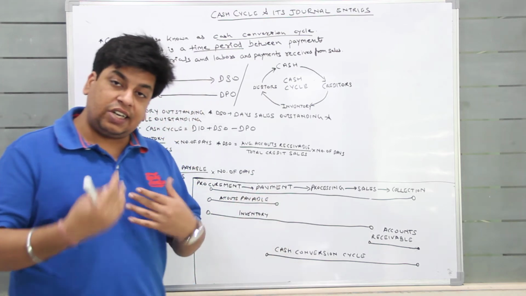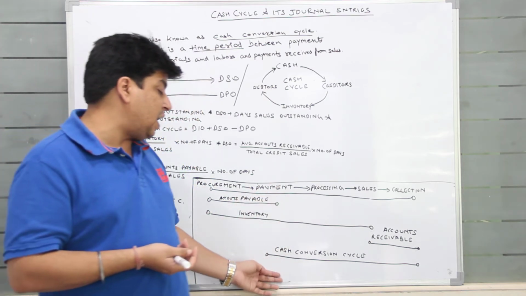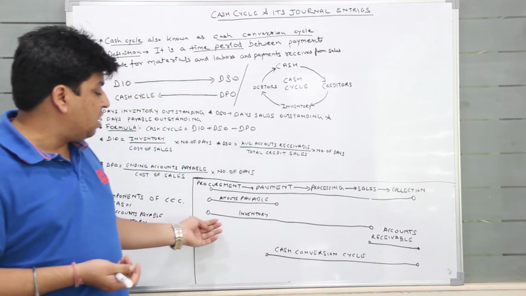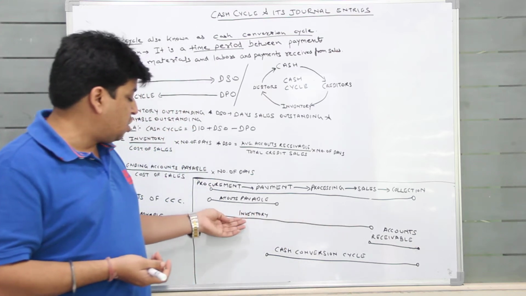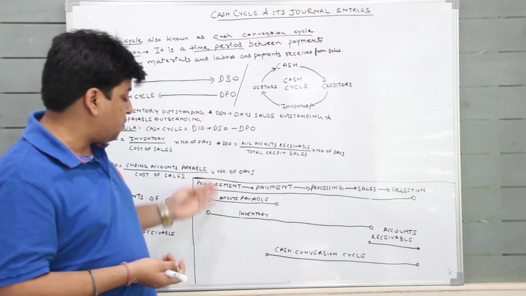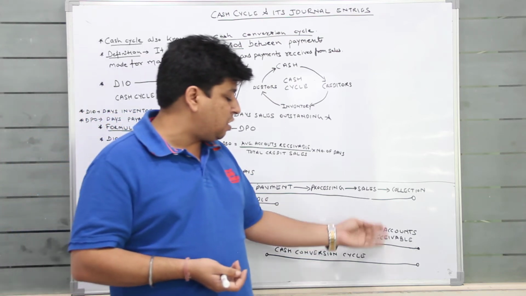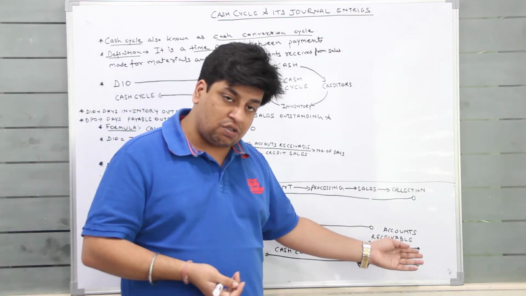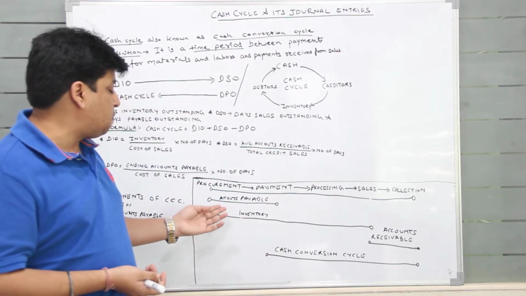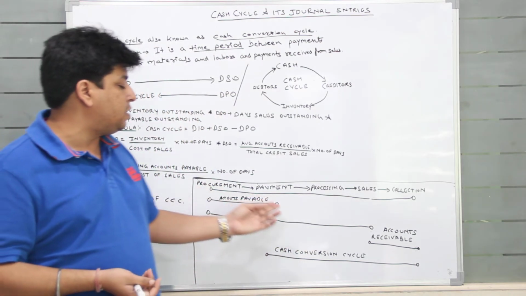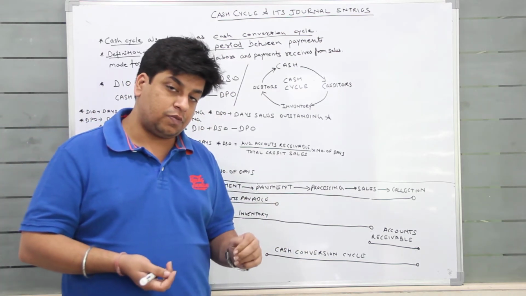I hope now it is clear exactly what the cash conversion cycle is. It is the duration of inventory, right from the procurement of inventory to the sales, plus accounts receivable, right from sales to collection, minus accounts payable duration, that is from procurement to payment.